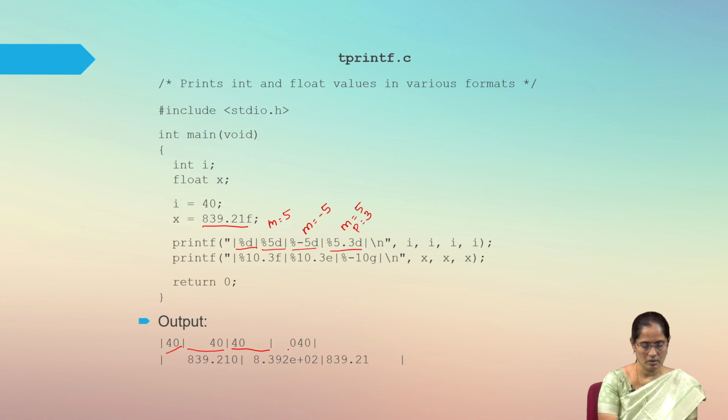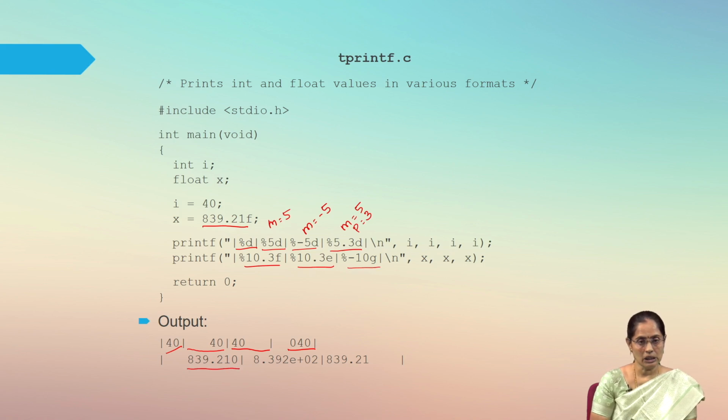So, we can make a note of the format here, and the second printf statement is %10.3f, %10.3e and %-10g. Here we can see the difference between the usage of f and e. If I am using f, I just get the fixed point floating point value representation.